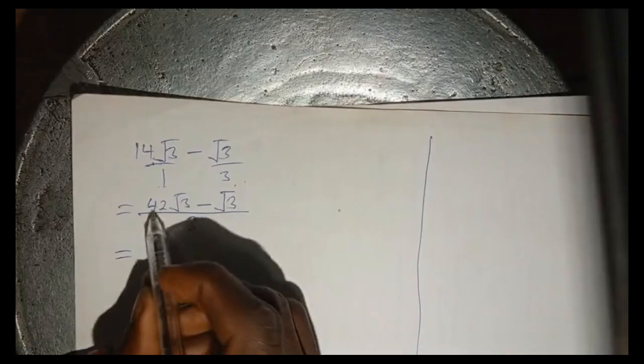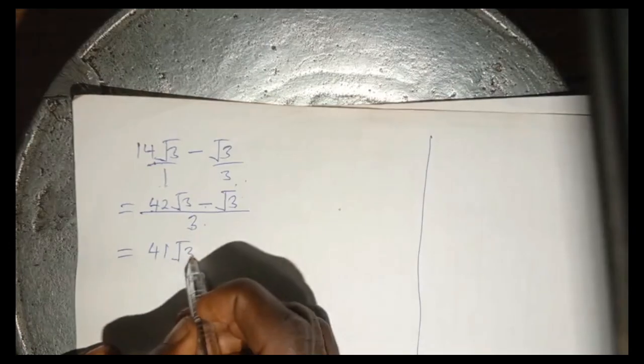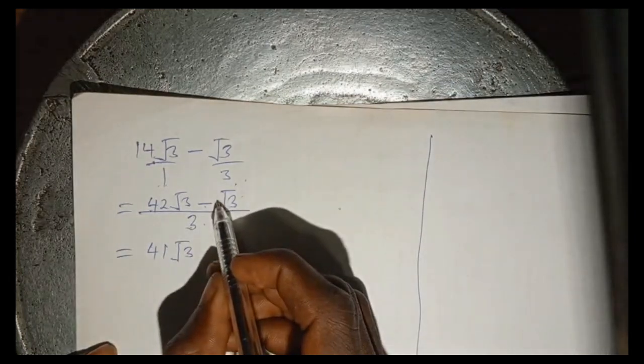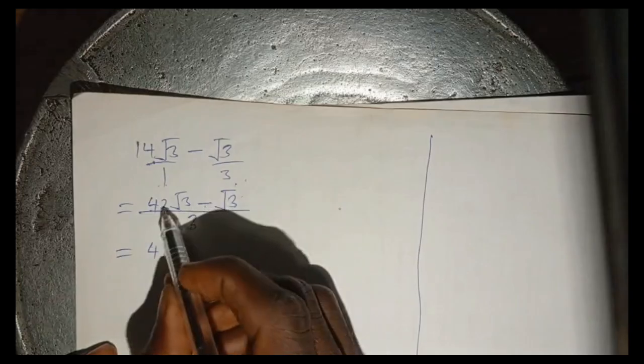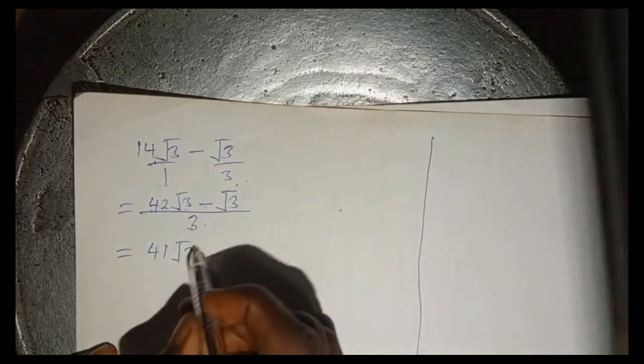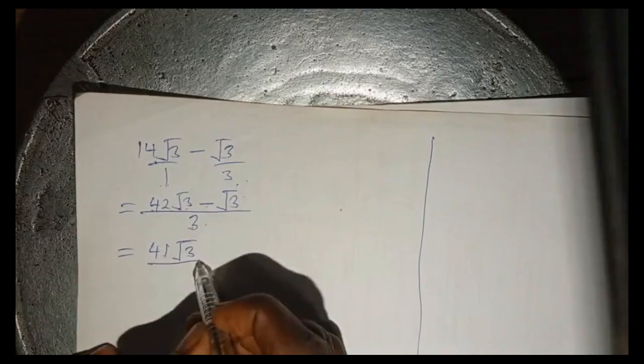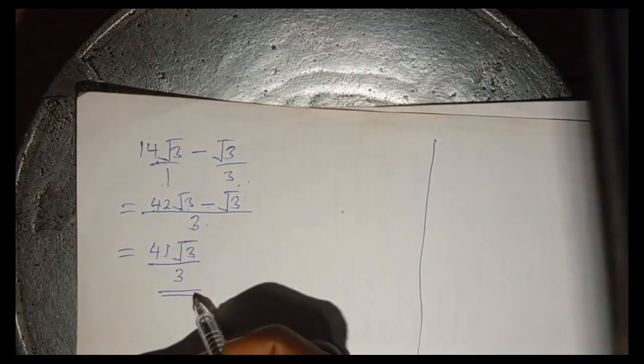Therefore, 42 root 3 minus root 3 is the same thing as 41 root 3. Why? Because this is 1: 42 root 3 minus 1 root 3 originally. So that is why we are left with only 41 root 3 over 3. That's the final answer for this.